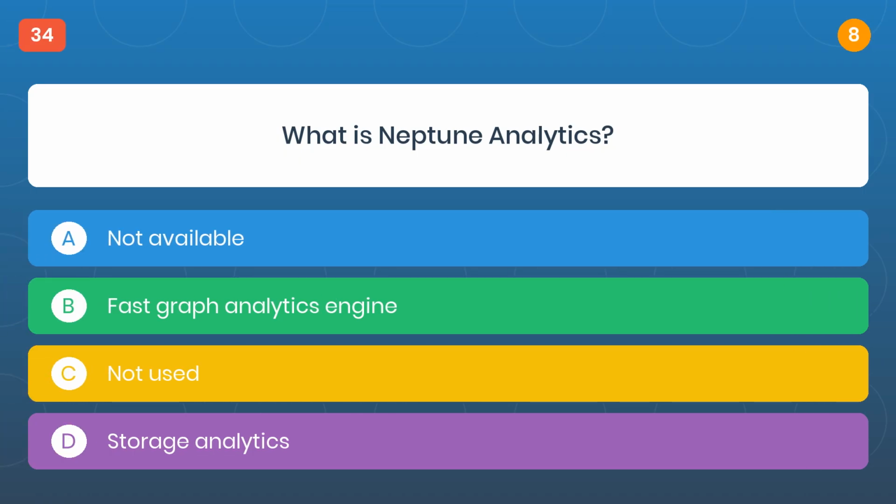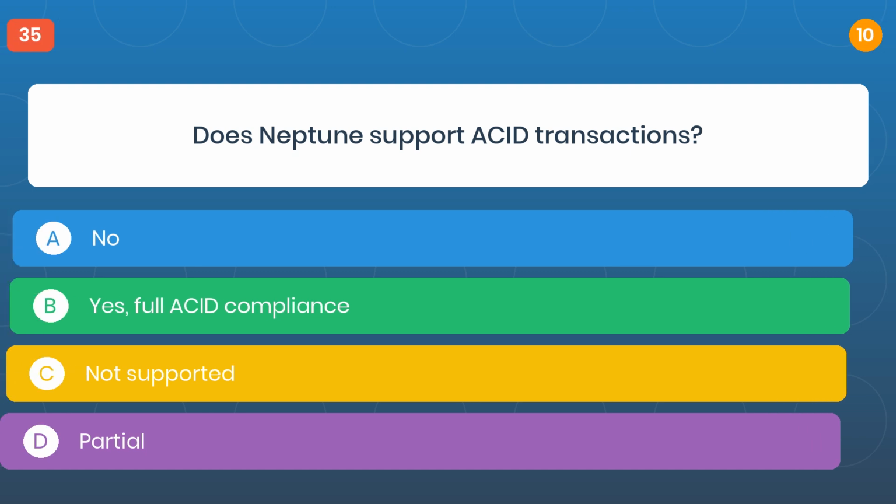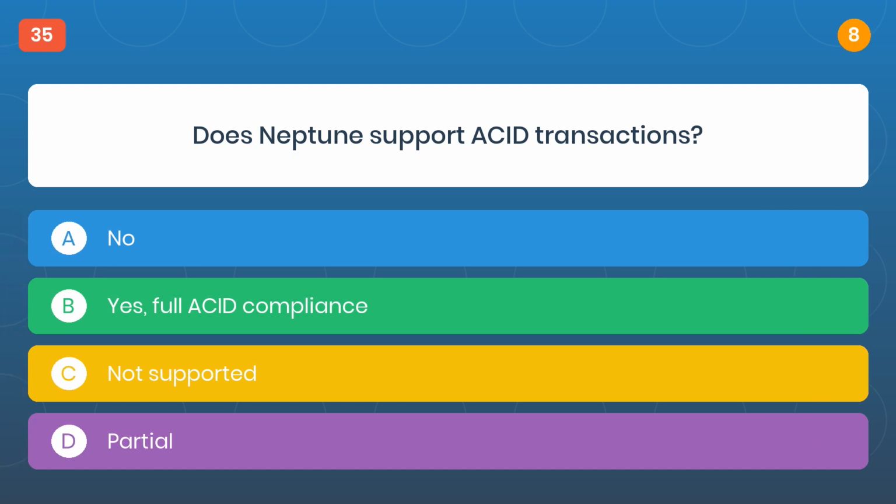Question 34. What is Neptune Analytics? The correct answer is B, fast graph analytics engine. Question 35. Does Neptune support ACID transactions?